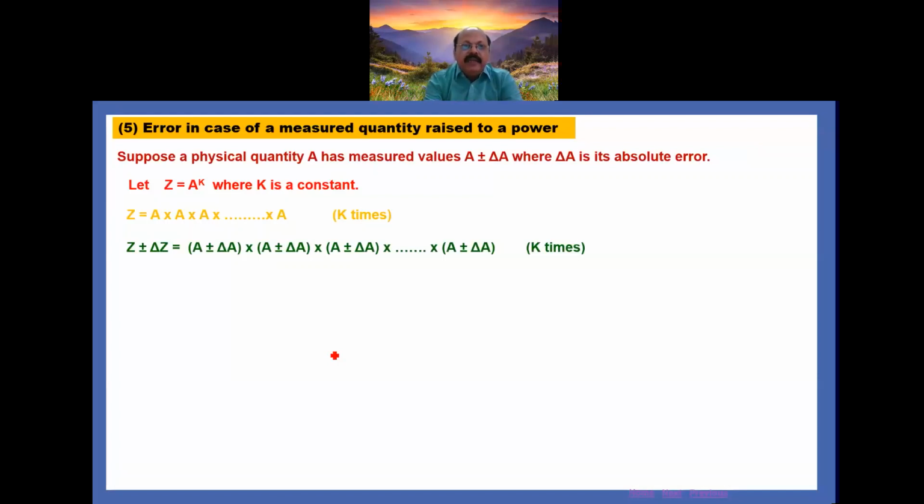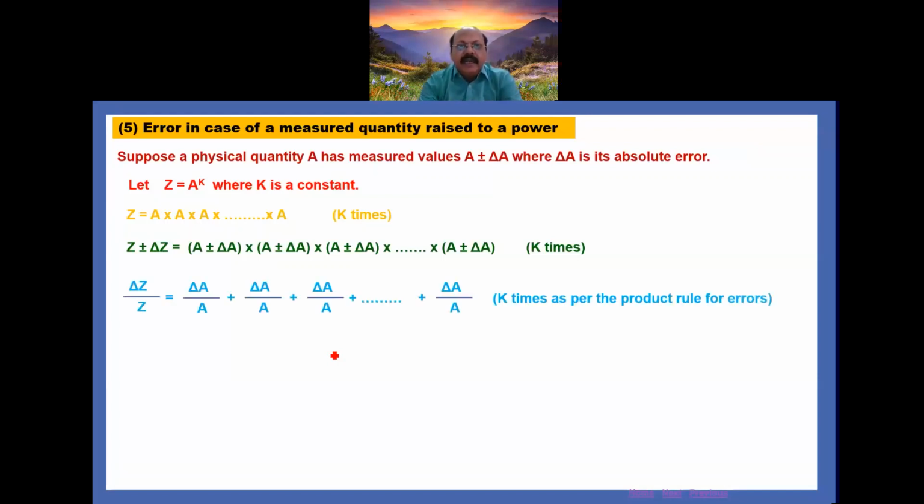Finally, the error in the result can be written as delta Z upon Z equal to delta A upon A plus delta A upon A plus delta A upon A up to K times. So we can write delta Z upon Z equal to plus minus K times delta A upon A. This is the error in the case of a measured quantity raised to a power.